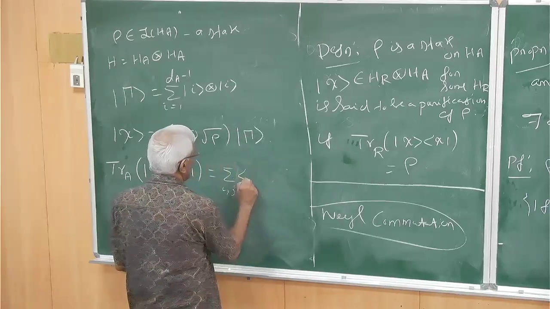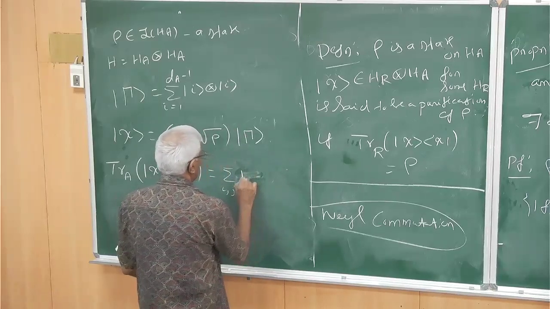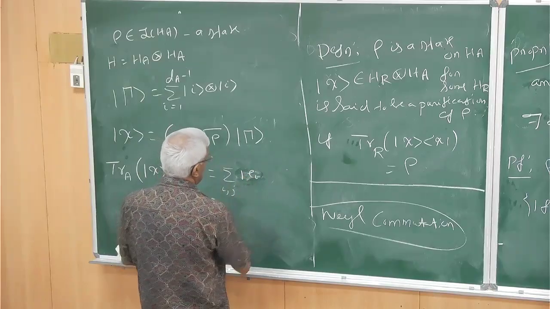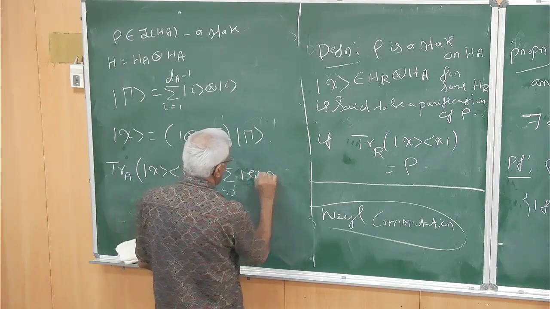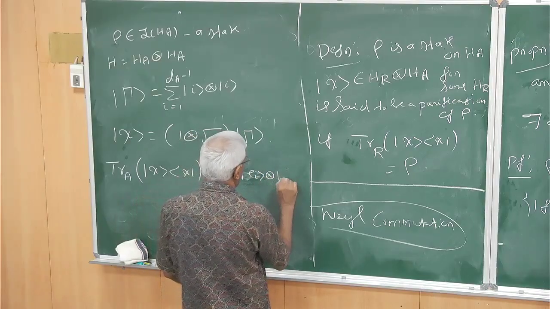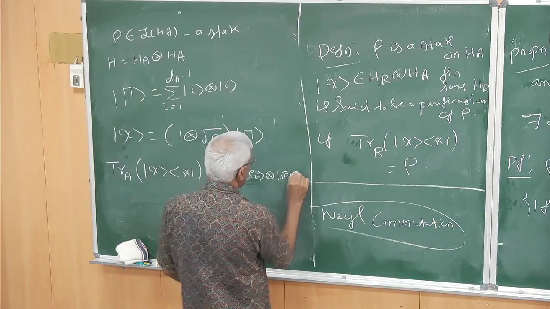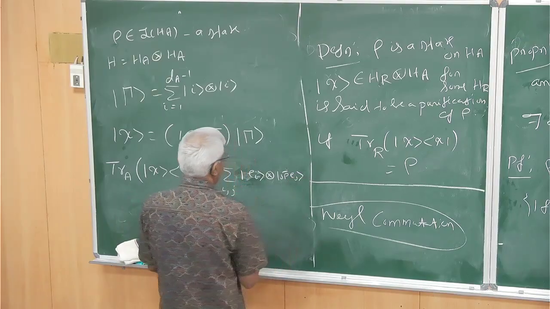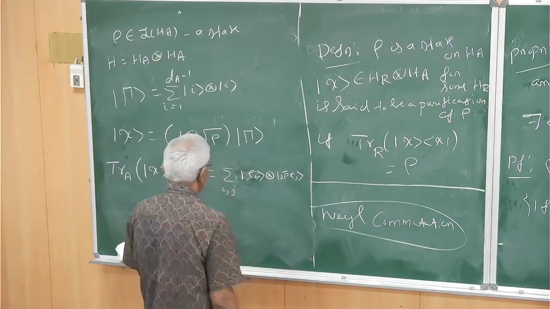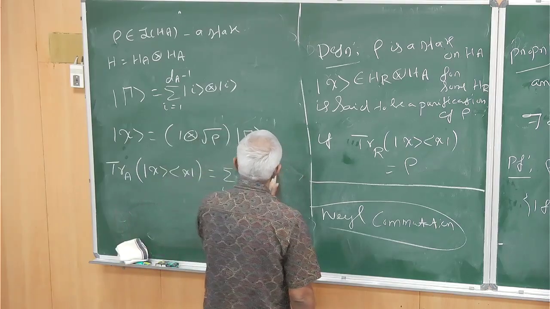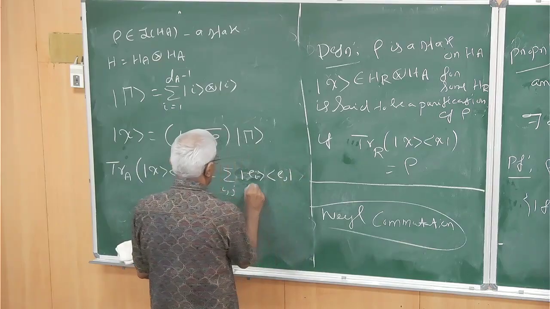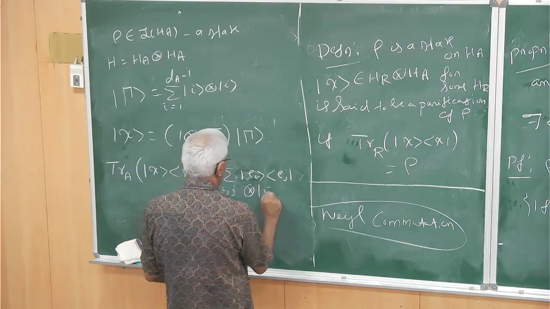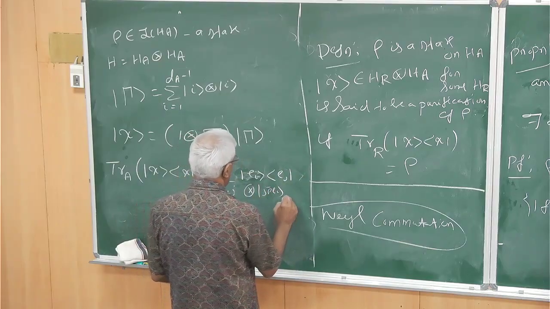Which is just e_i tensor square root of rho e_j, tensor square root of rho e_i.